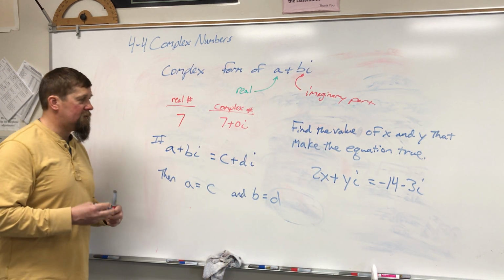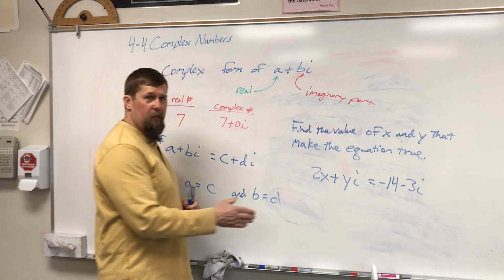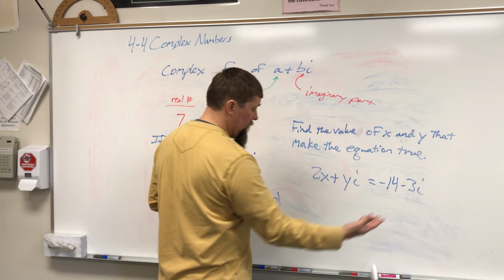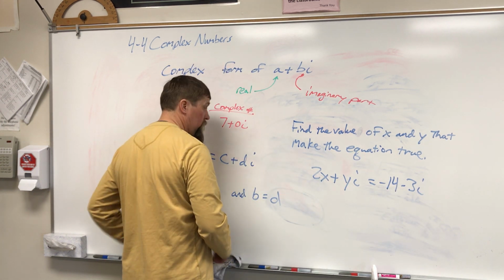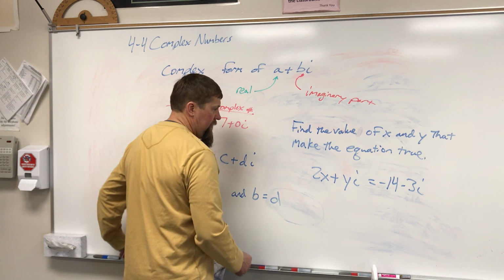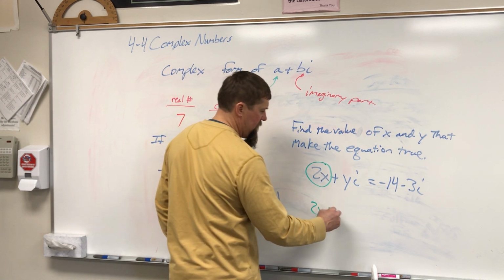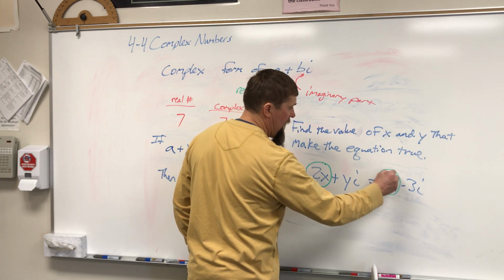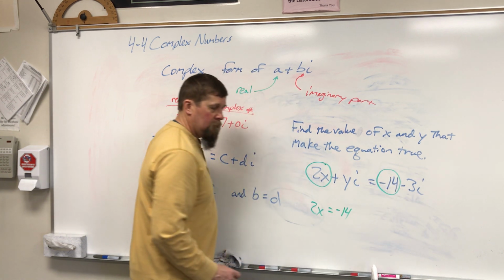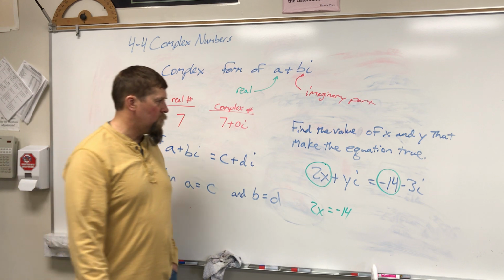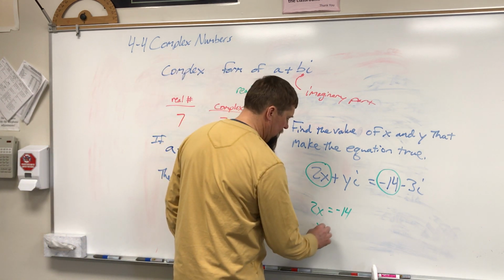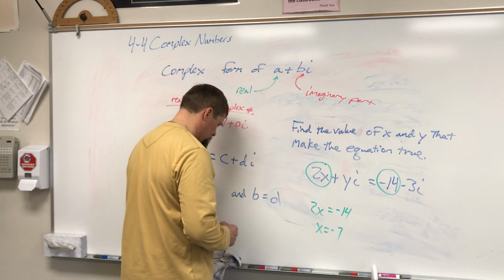Okay, so if you notice, they have two complex numbers that are equal to each other. So to make this true, we know that 2x has to be equal to negative 14 because those two parts are the real parts. So x is negative 7.